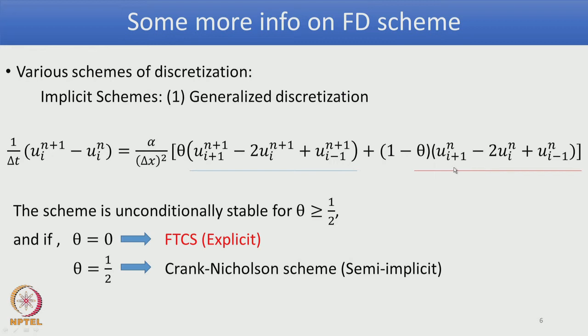Such a scheme is called the Crank-Nicholson scheme, because it is proposed by both these people, and it is neither completely explicit nor completely implicit. So, it is referred to as semi implicit, and for theta equal to 1, if you substitute theta equal to 1 in the second term, 1 minus 1 cancels off. So, the explicit part goes to 0, only the implicit part remains.